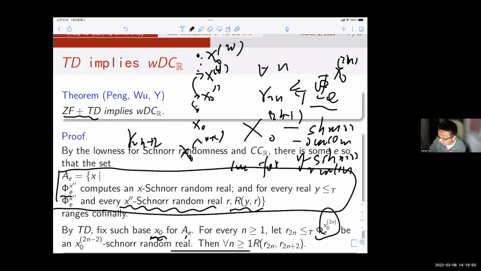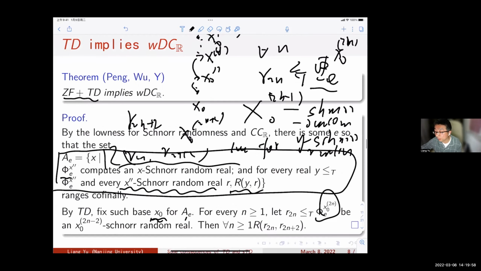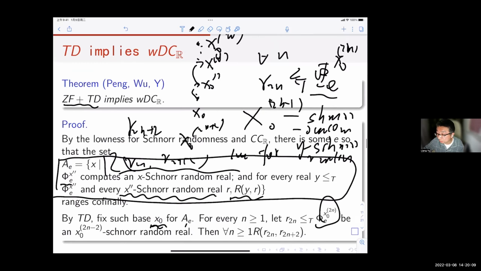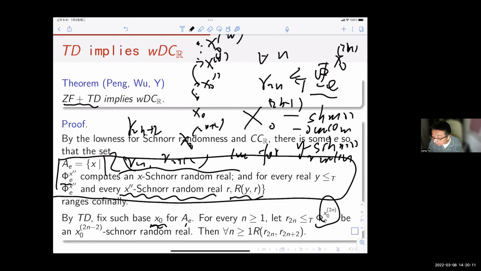So it means R_n 2n plus 2 has a relation. Then you build such a sequence. So we prove that CF plus TD implies WTCR. So this is an application of TD implies WTCR by recursion theory.